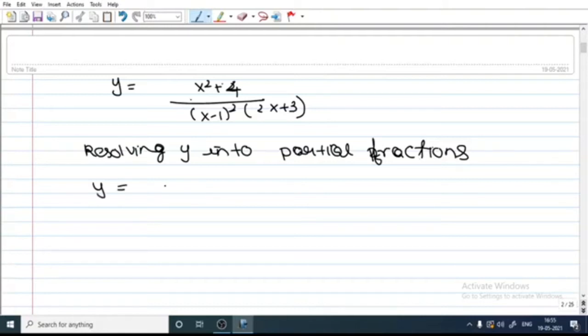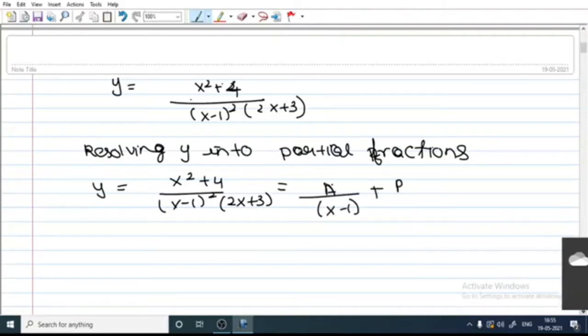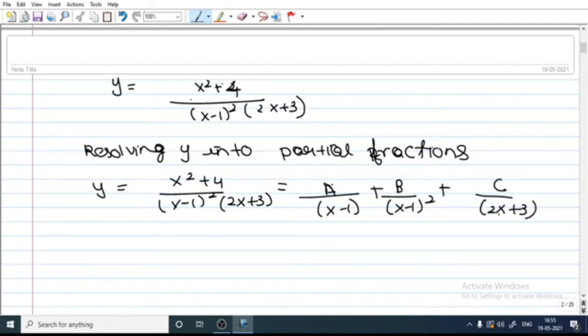We can write y, that is (x square plus 4) upon (x minus 1) the whole square into (2x plus 3), as a upon (x minus 1), then b upon (x minus 1) the whole square, and then c upon (2x plus 3).